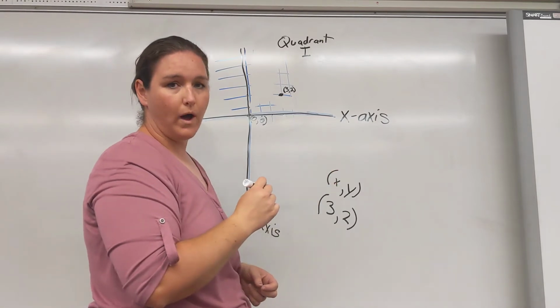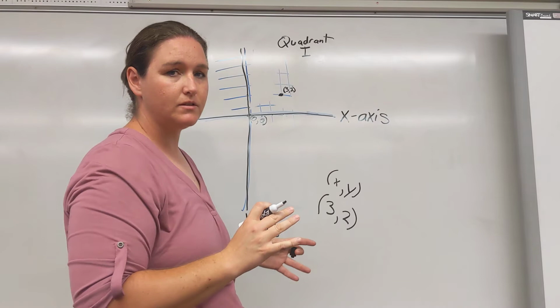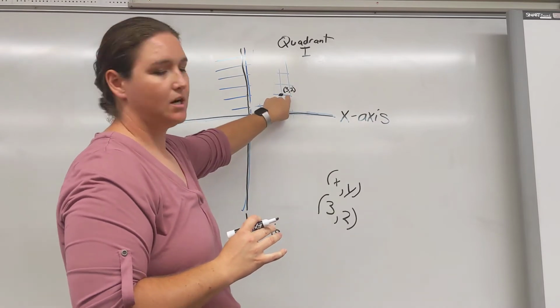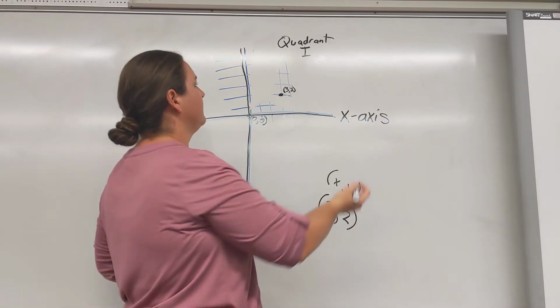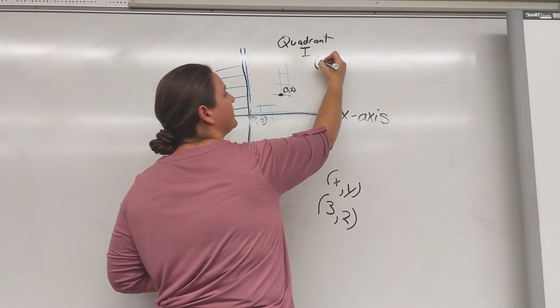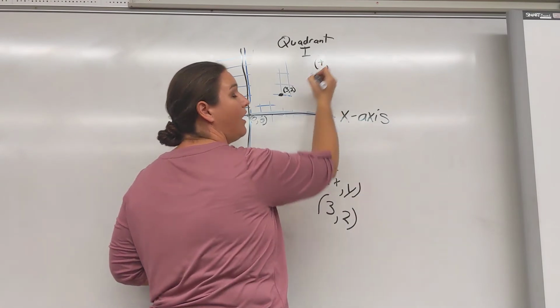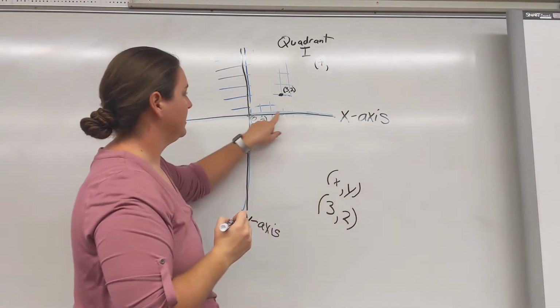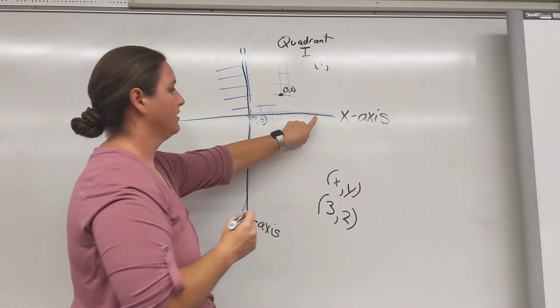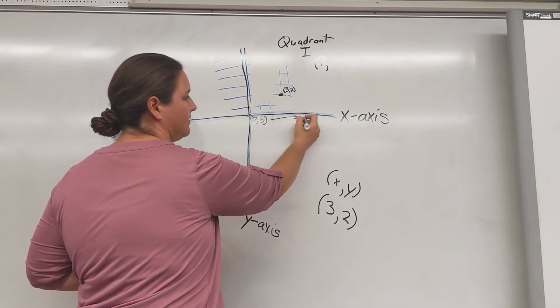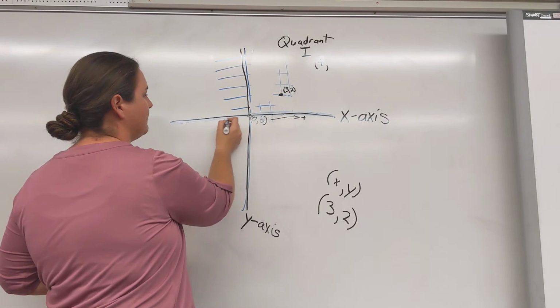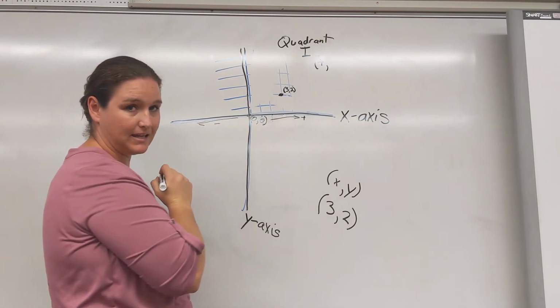Now quadrant 1 is going to have all of the points. You see our point. These are all going to be positive on the x-axis, because everything going this way is positive. Everything going this way is going to be negative.